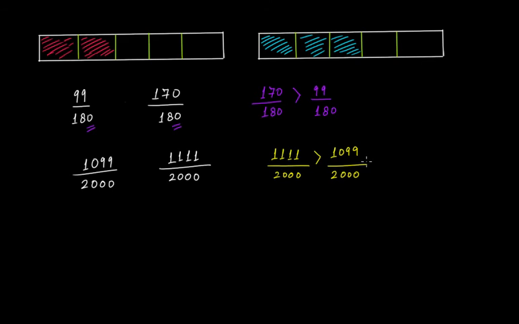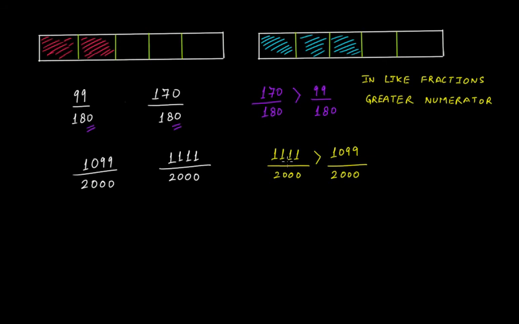The rule is, in like fractions, that fraction will be greater which has the greater numerator. So in like fractions, if your numerator is larger, then that fraction will be larger.